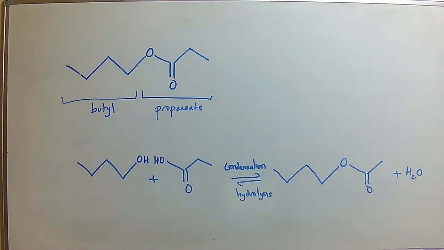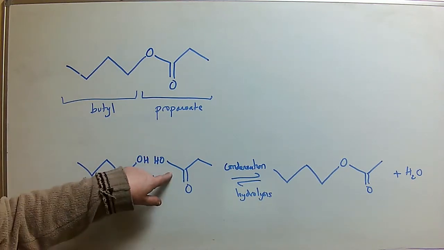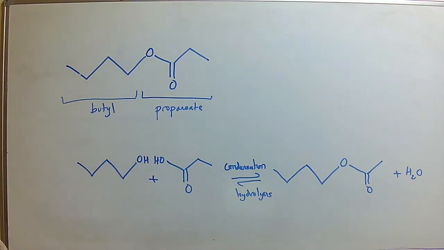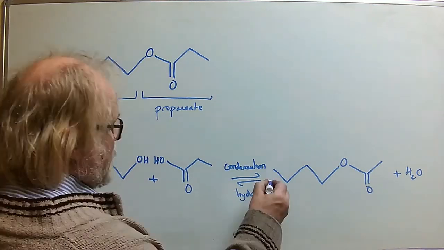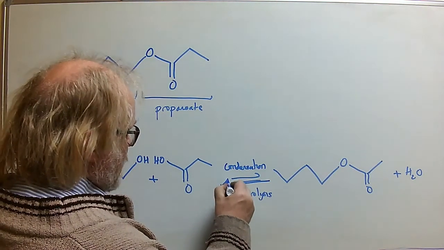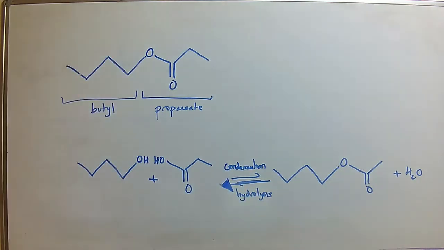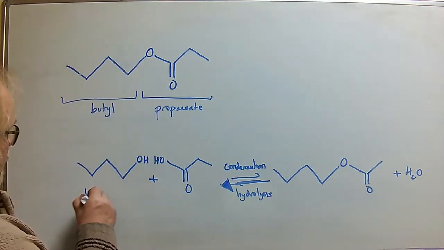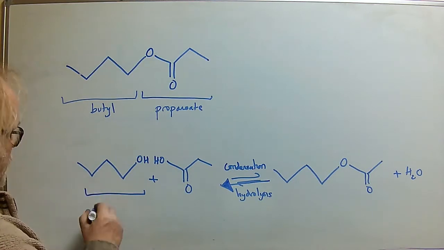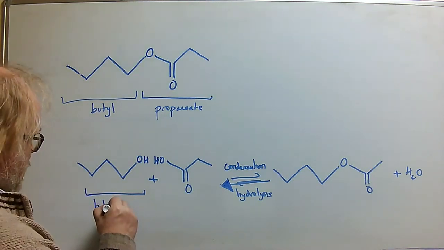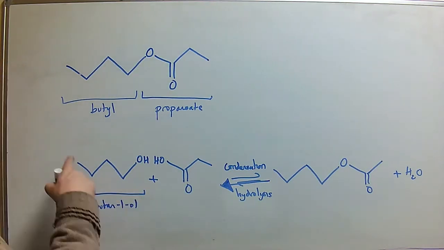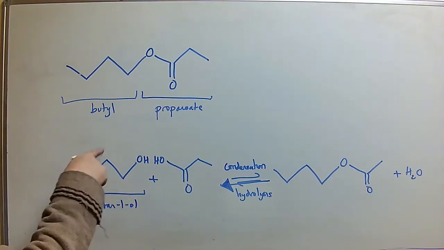If you do it under alkaline conditions, you get the salt instead of the acid, but this is under acid conditions, so it's the exact reverse of esterification. So this is the reaction we're talking about, and therefore the 2 products of the reaction are going to be this compound, which is butan-1-ol, because it's a but- chain, 4 carbon chain.